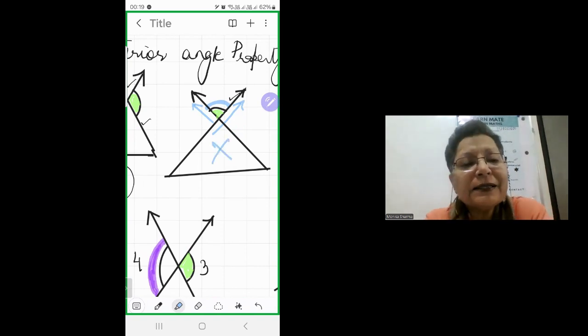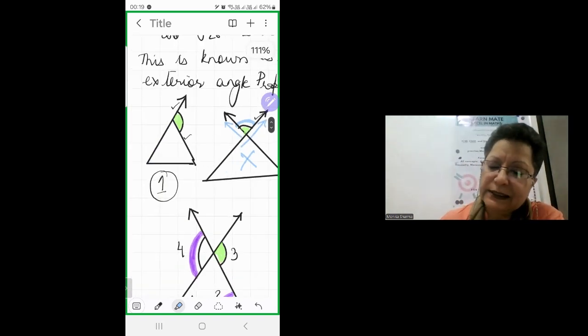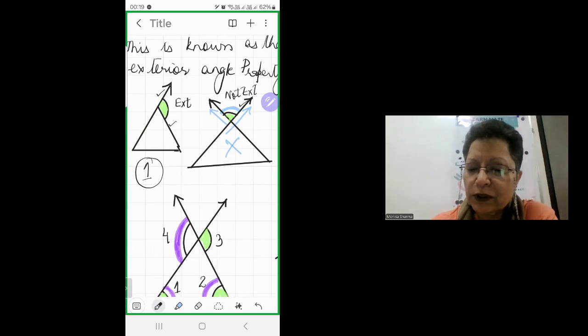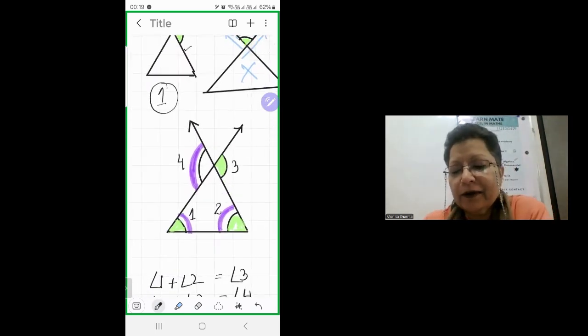So here in this particular diagram, the green shaded angle is not an exterior angle. So this one is exterior. This one is not exterior. Is that okay? Okay. Now let's just focus on the third diagram.